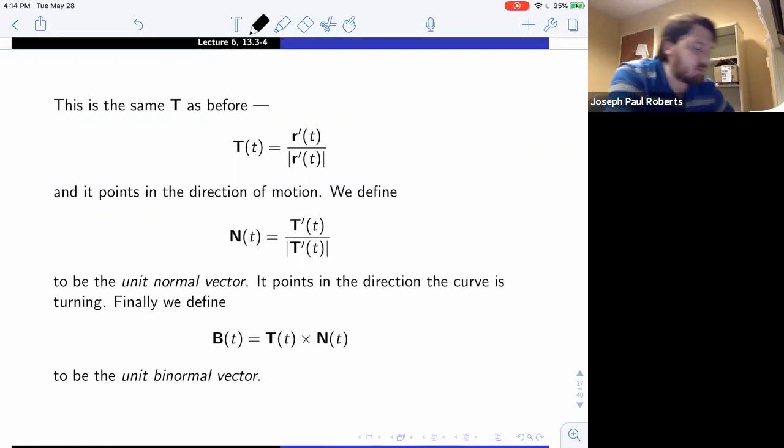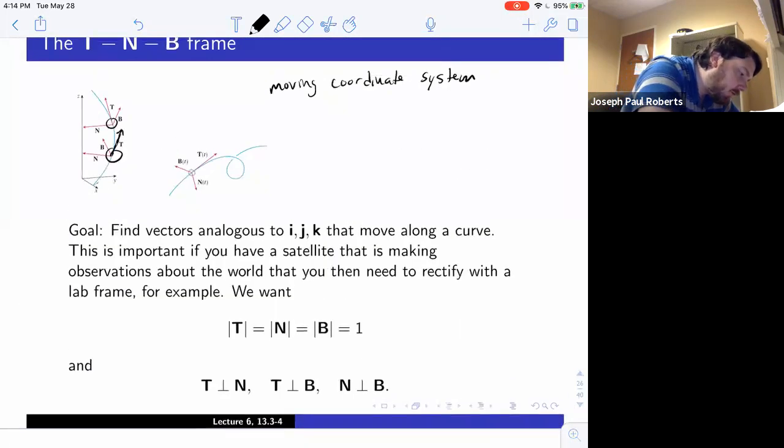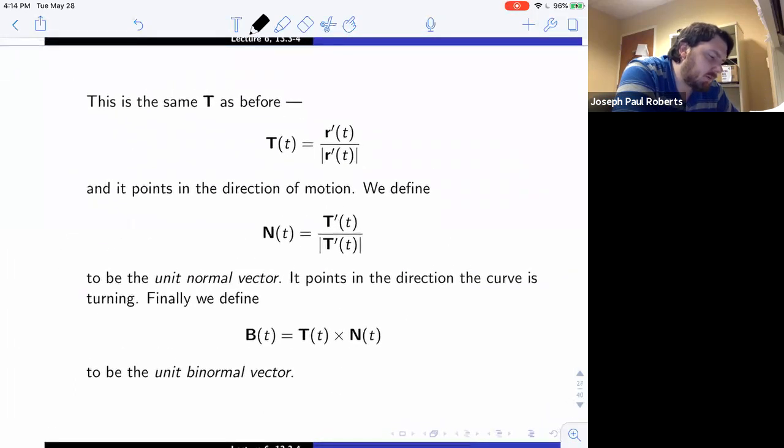And so it's going to end up pointing in the direction that the curve is turning. So if your particle is going this direction along that blue curve, the N is pointing perpendicular to T, but in the direction that your satellite is turning. And then finally, B is going to be the cross product of T and N.